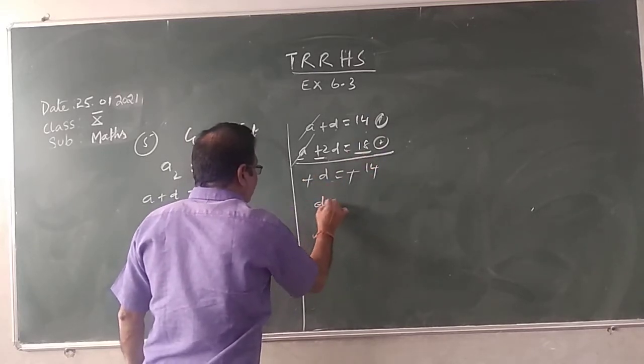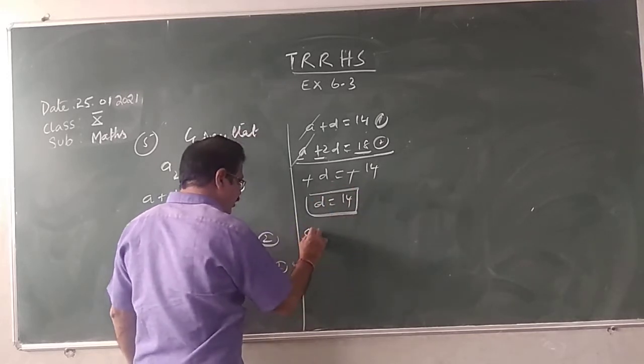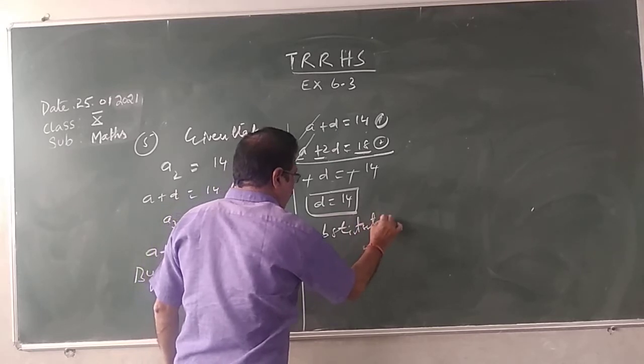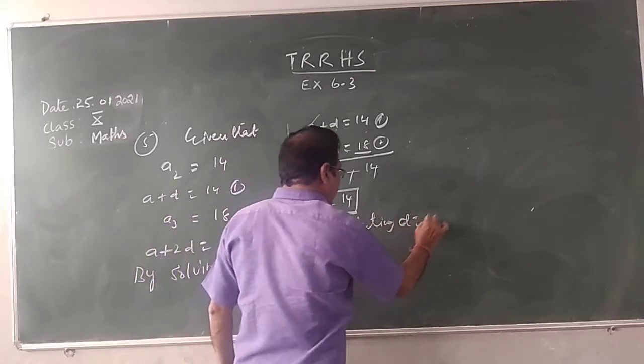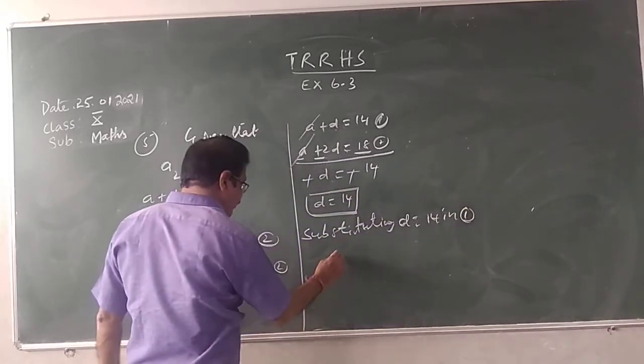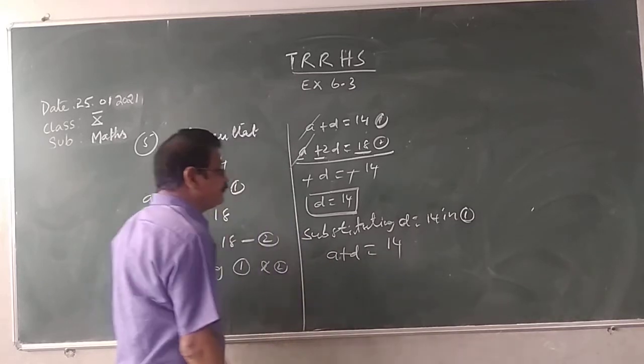So D equal to 4. Substituting D equal to 4 in the first equation, A plus D equal to 14.